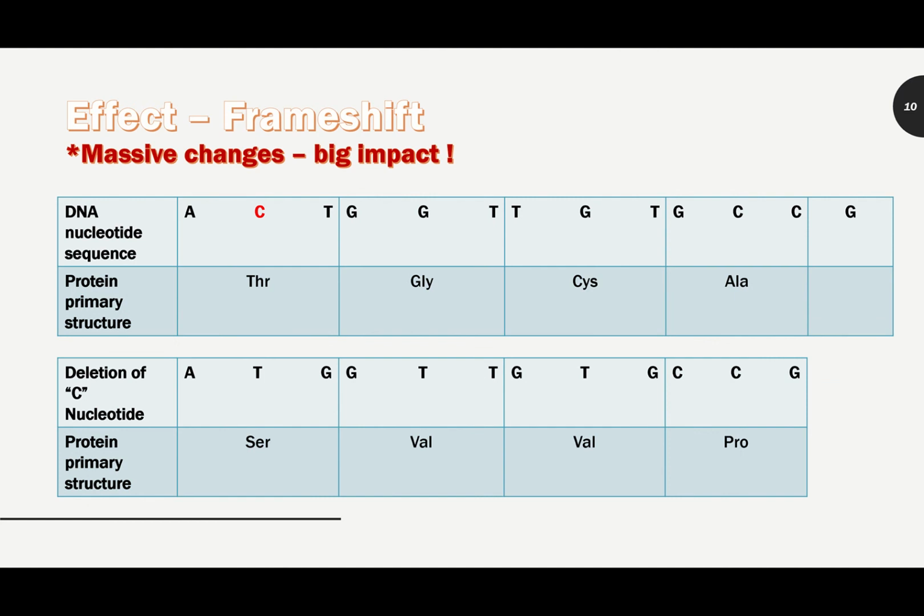And frame shift. This is bad. Frame shift makes massive changes. You see how it's in red font? Big impact. And this happens when you insert a letter into the DNA nucleotide sequence.